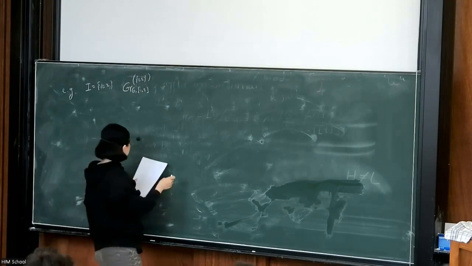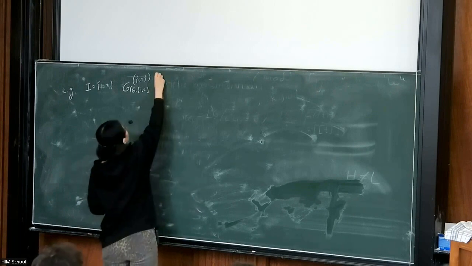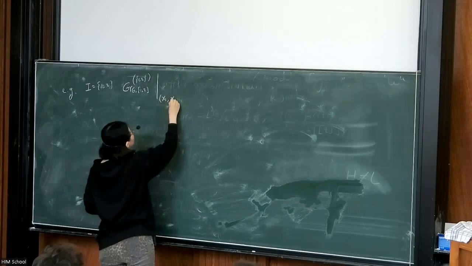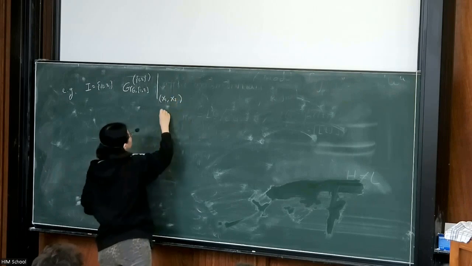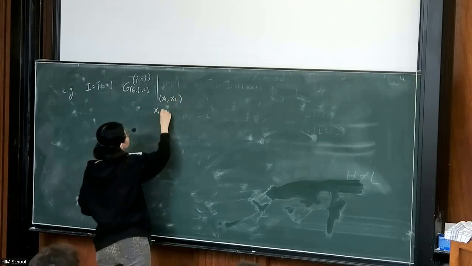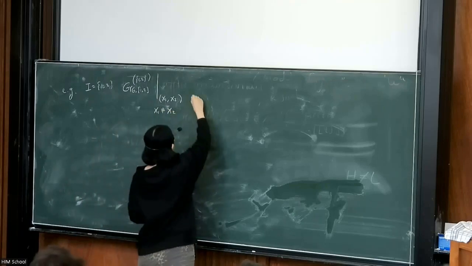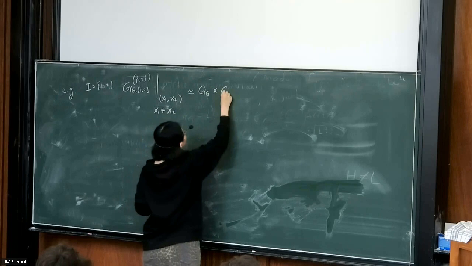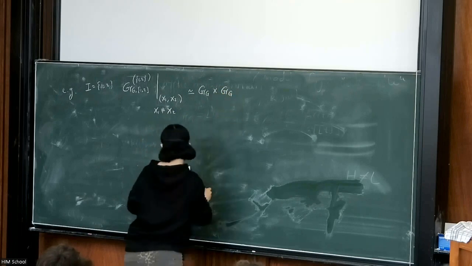And you can say that when the 2 points are not the same, the fiber is a product of 2 affine Grassmannians.